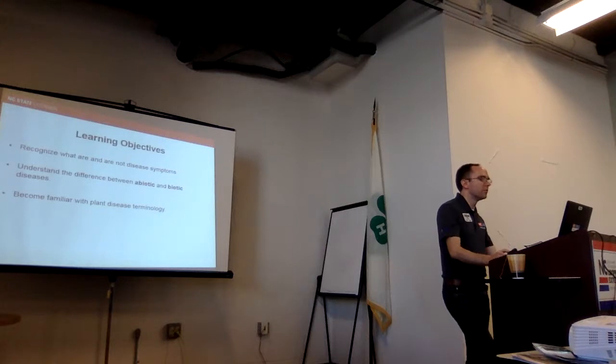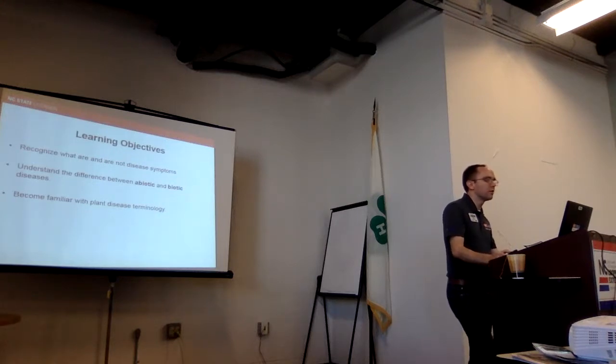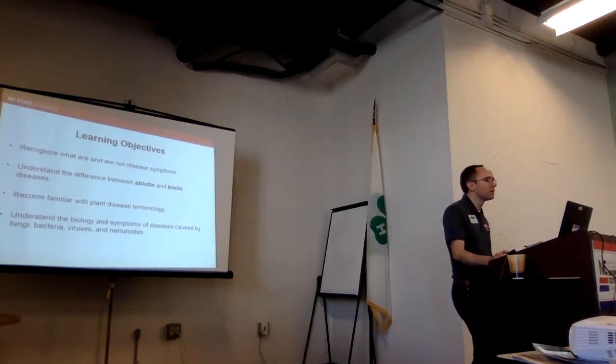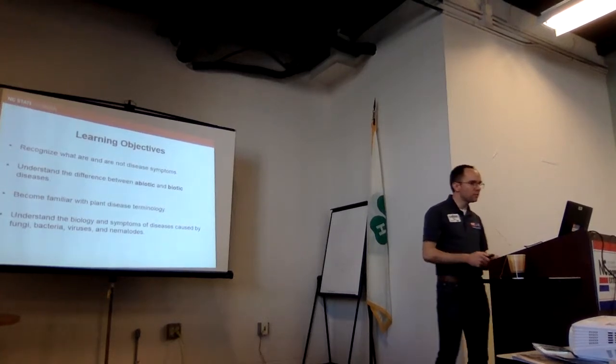We'll introduce some of the common terms that plant pathologists use to describe the disease symptoms that should assist you in helping to research and find out what the problem is in any given case. And then a little bit on the biology and symptoms caused by the fungi, bacteria, viruses, and nematodes, the organisms that cause disease symptoms in plants.